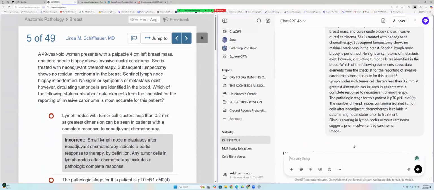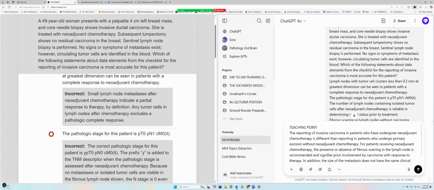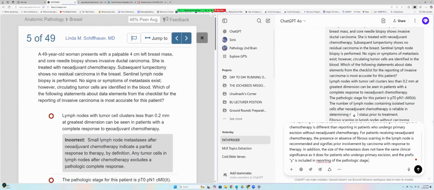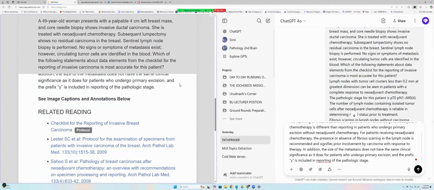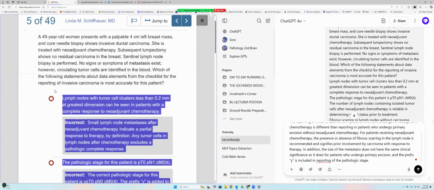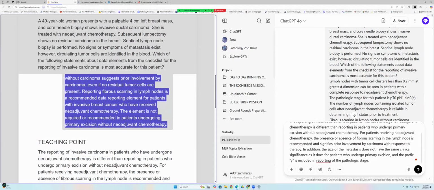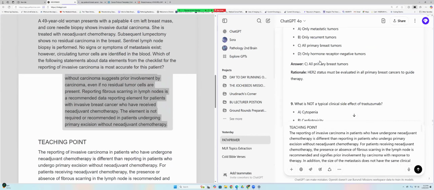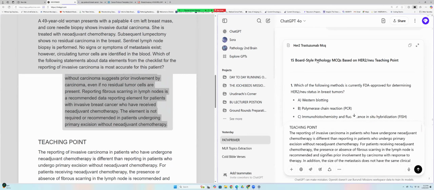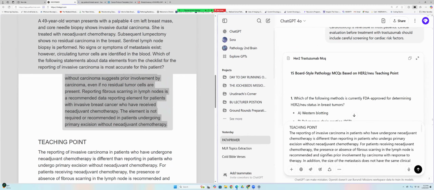When you do not have tumor cells in the lymph node, but you have fibrosis, you interpret the fibrous scarring as the lymph node having had previous involvement before the neoadjuvant chemotherapy. Yes, you're right.